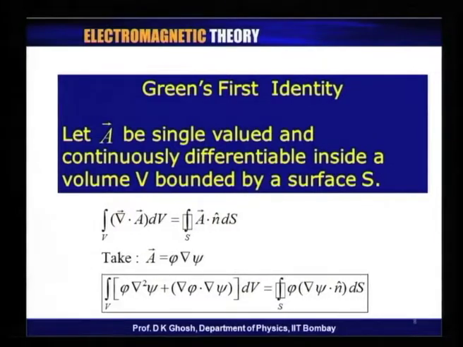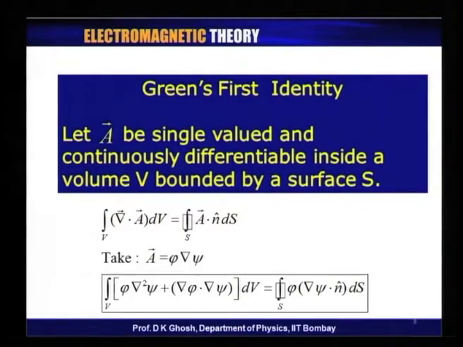Supposing A is a single valued and continuously differentiable vector function inside a volume V which is bounded by a region S. So, I know the vector A in that.